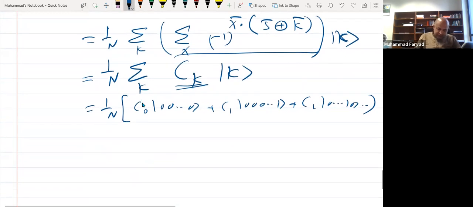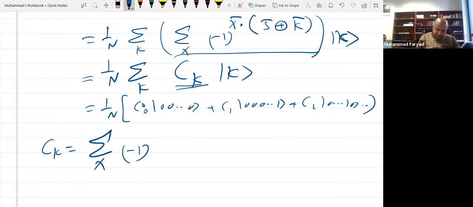Okay, so this c_k, and let me do it for 2 cases. Case 1 is, suppose, so let's first write c_k out: sum over x, (-1) to the power x·(s+k). You see in this sum this x is changing, going from 0 to n minus 1. And this k is fixed for each of these states, and this s is fixed as well.